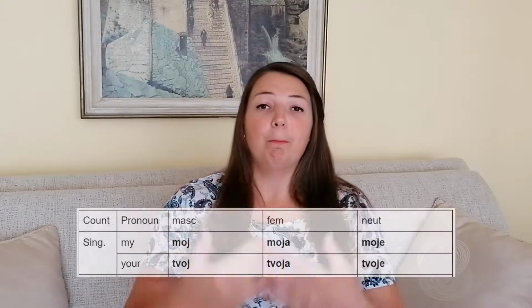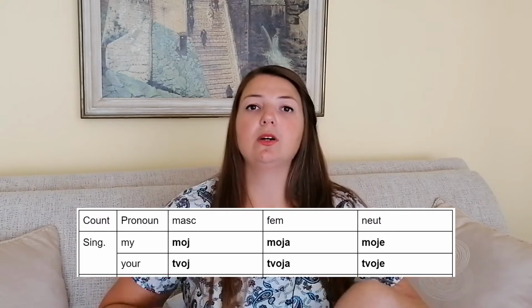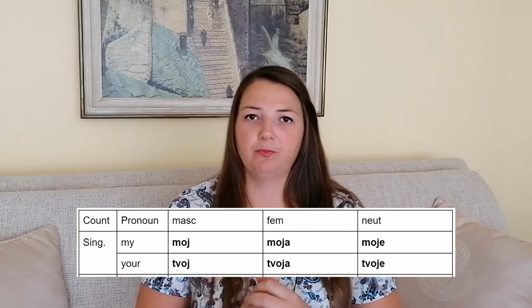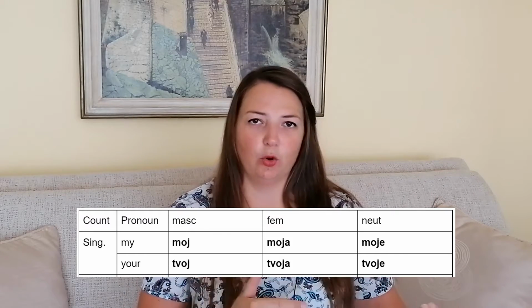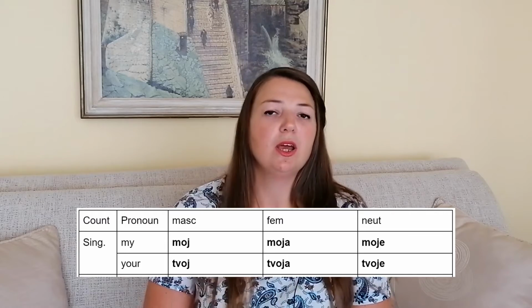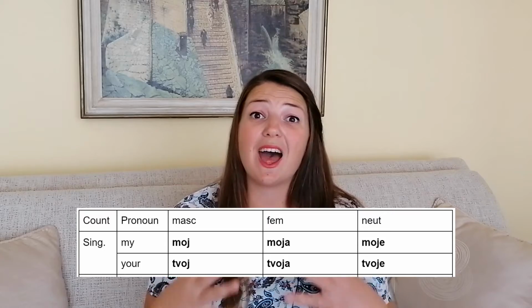So let's look at the possessive form for mine and your in the nominative. If you have remembered it from the previous table, here's to refresh your memory. So mine is through the genders, moj, moja, moje. And your is tvoj, tvoja, tvoje. Now, please remember the number one rule: the possessive pronouns behave like adjectives.